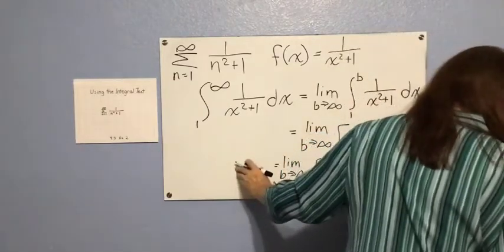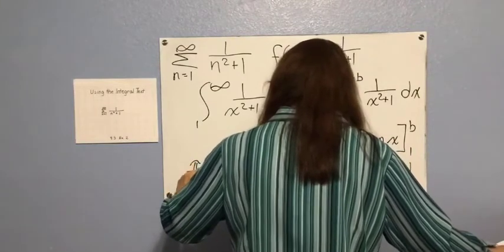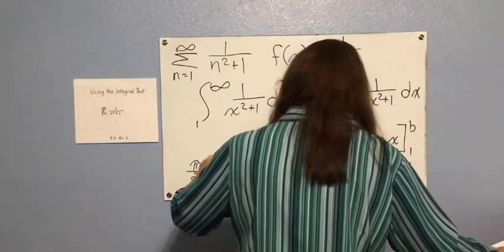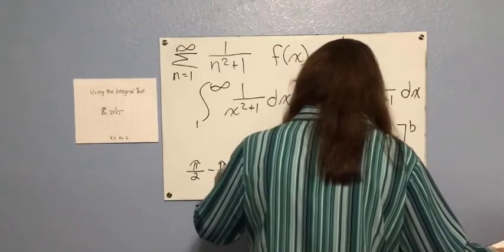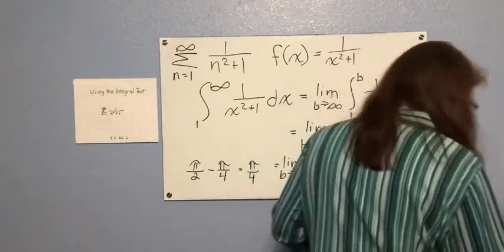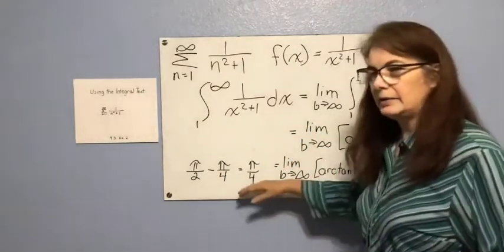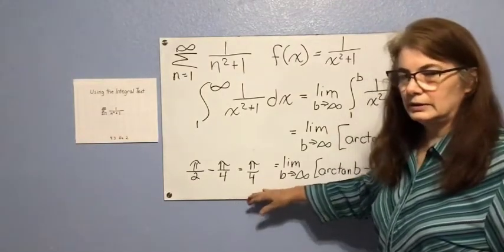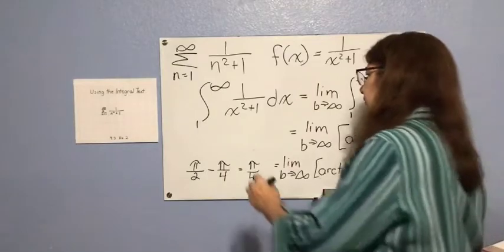And then this is going to be pi over 2 minus pi over 4. So it's just going to be pi over 4. So we can see that because the integral converges, the series also converges.